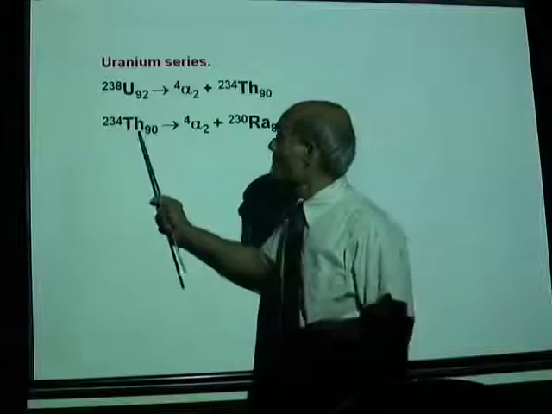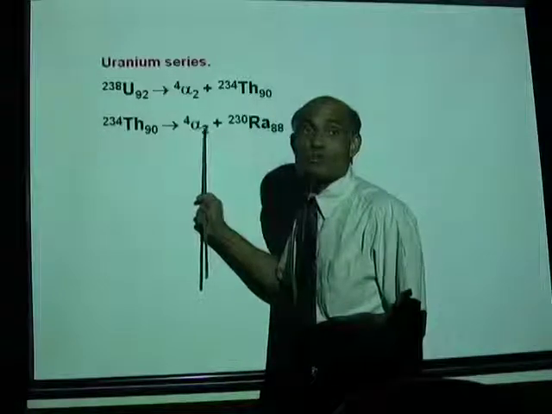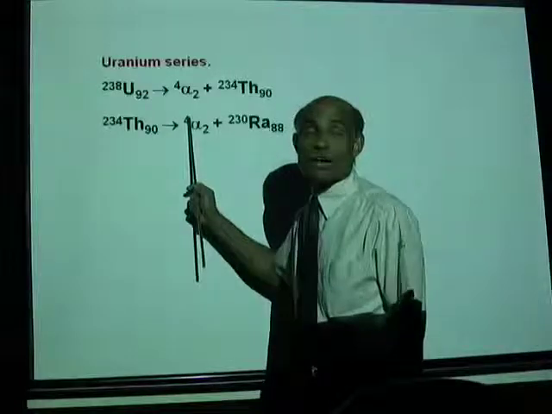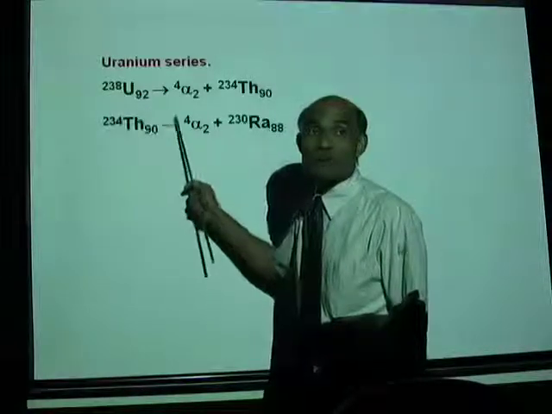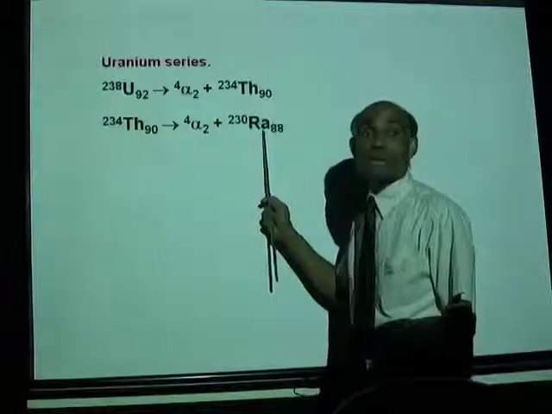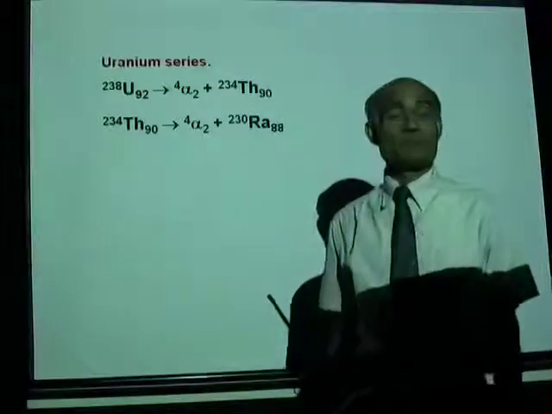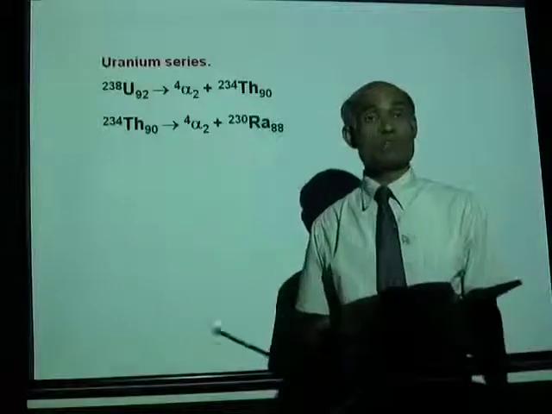Well, thorium-90-234 emits an alpha, loses 2 protons, and the mass number will reduce by 4, leaving an isotope of radium, radium-88-230.